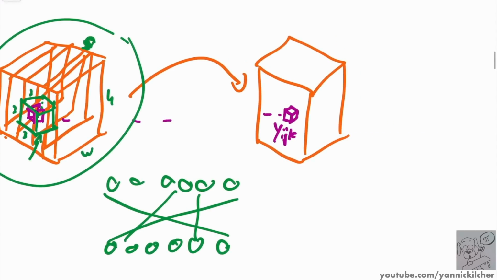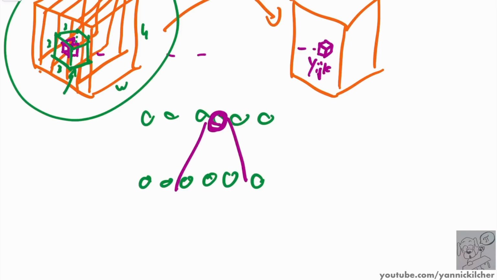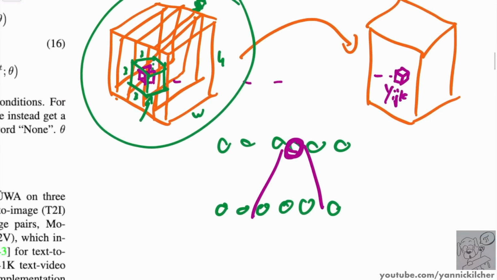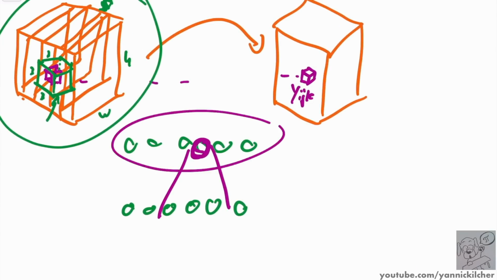So I'm going to say, okay, if I want to compute this output right here, I can only attend to a local neighborhood around this output. The queries I can compute once for the whole tensor, but if I want to produce a particular location, the only place I can attend to is the keys and values of a particular local neighborhood.